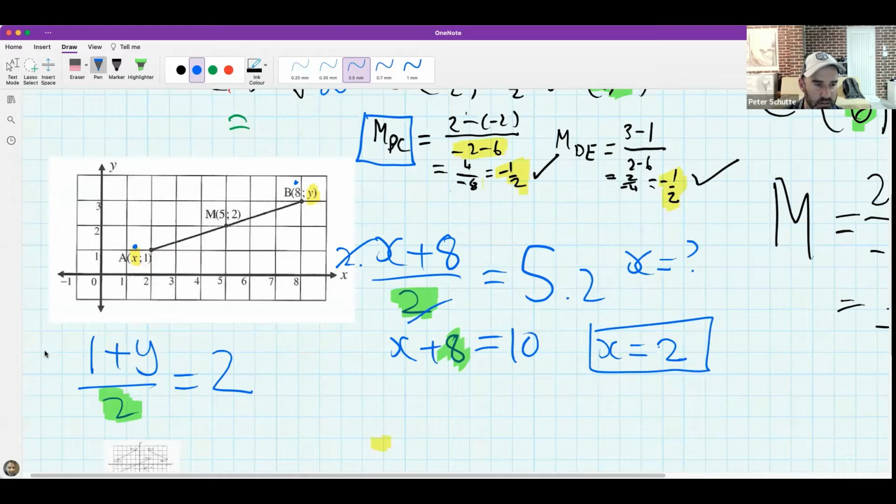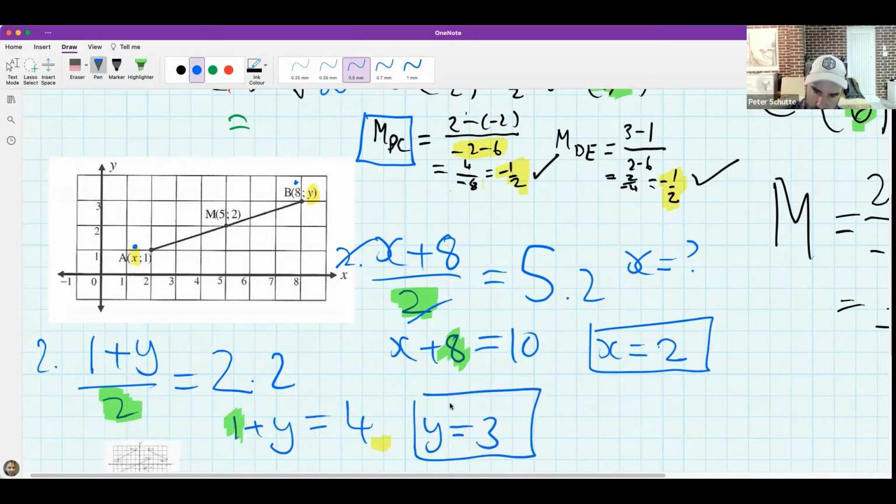I have to times both sides by 2. If I do that, I get 1 plus y is 4. Then I have to deal with this 1 over here. I take away 1 from both sides, and I should get y is 3.